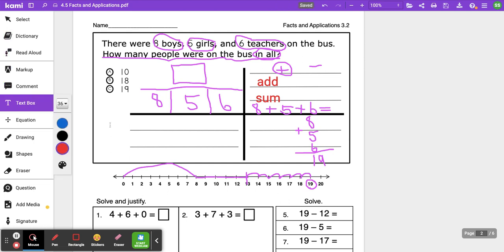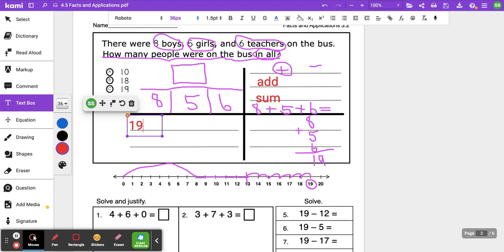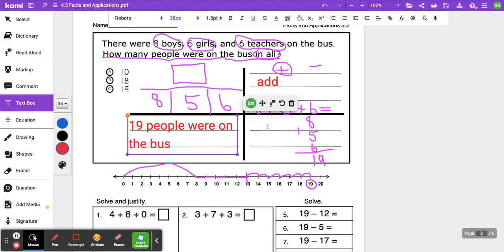We want to put our answer in a sentence. How many people were on the bus in all? Look at the question. How many people were on the bus in all? 19 people were on the bus. On the bus in all.